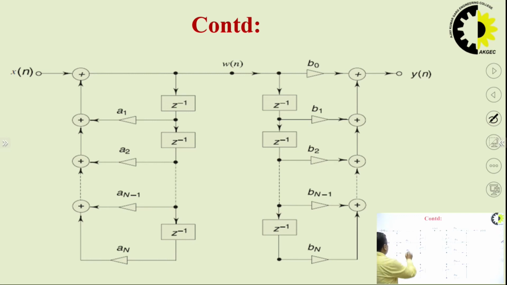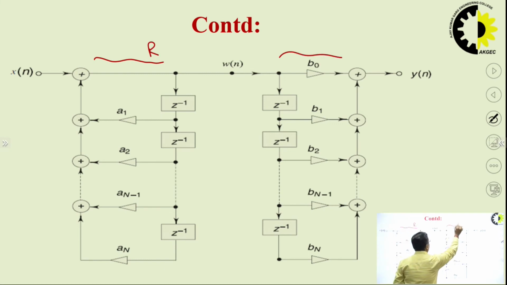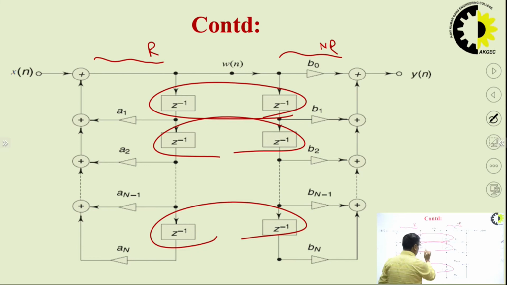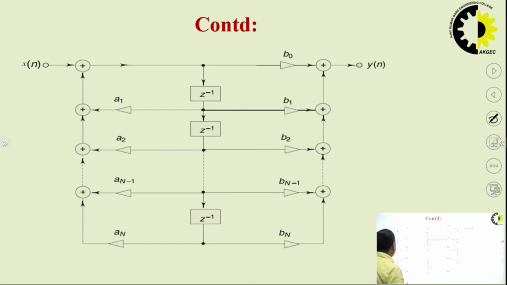This shows our recursive part, this shows the non-recursive part. Now, you can combine these two delay elements into a single one, these two into a single one, these two into a single one. Similarly here. So you have almost reduced your delay elements to half.